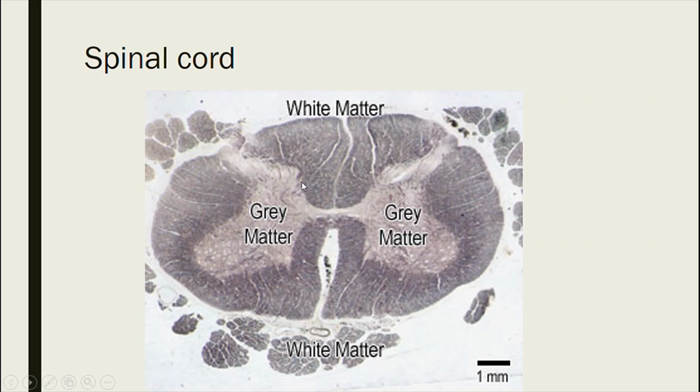This is the grey matter portion and this is the white matter portion. It is somewhat like a butterfly-shaped structure. The grey matter is in the shape of an H. So this is how the section of the spinal cord appears.